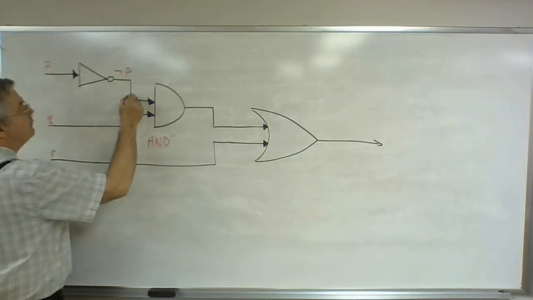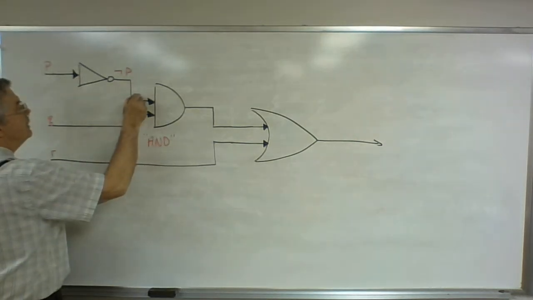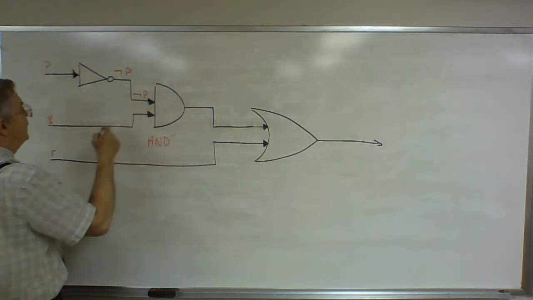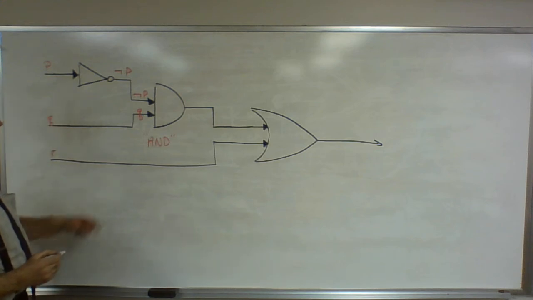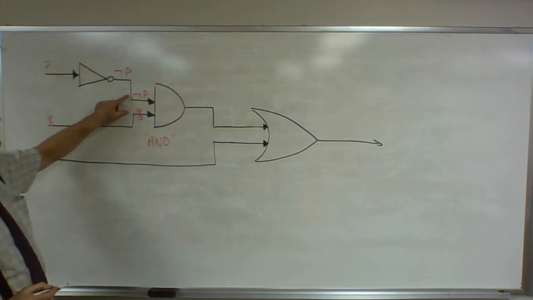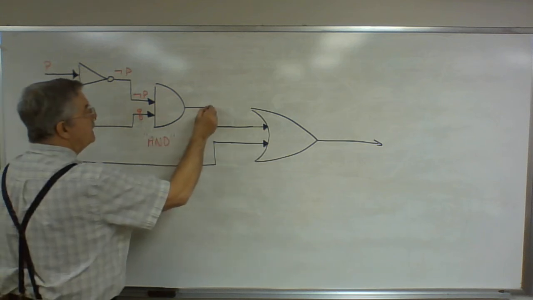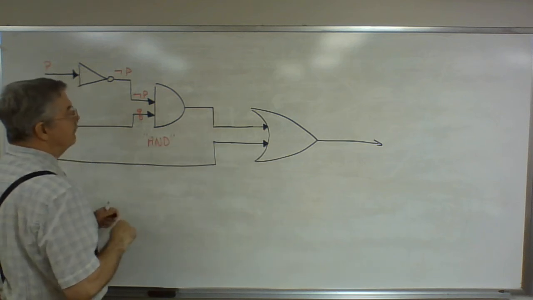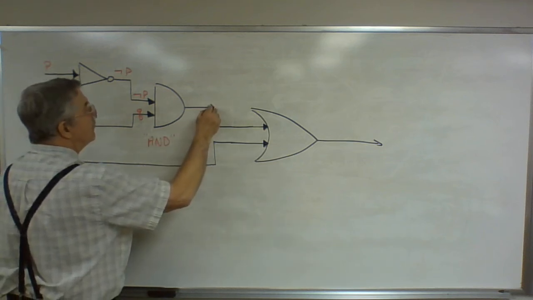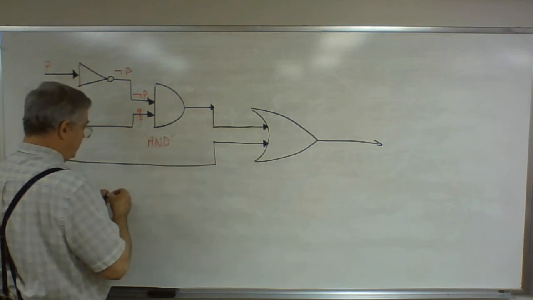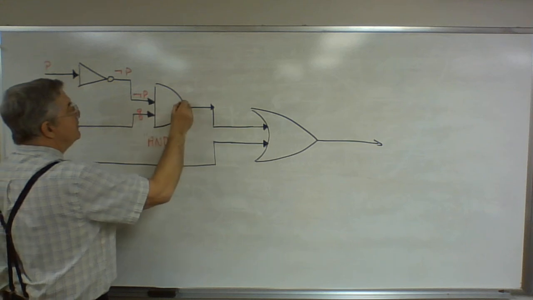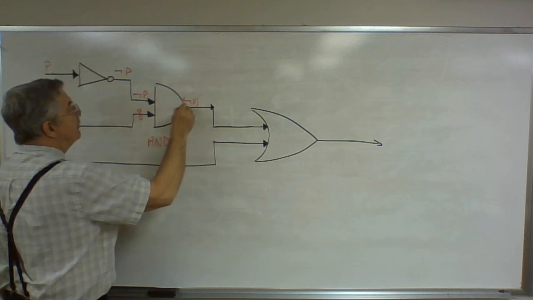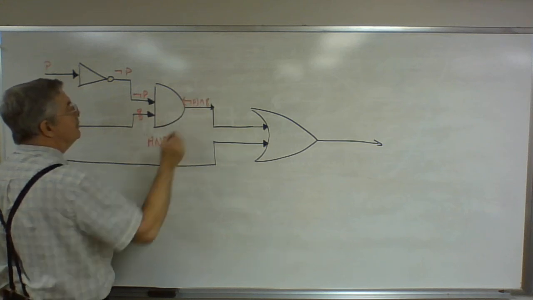And our input signal up here is not P. And our input signal here is Q. And this is going to take the AND of these 2 things. So what do we get out here? We get not P and Q.